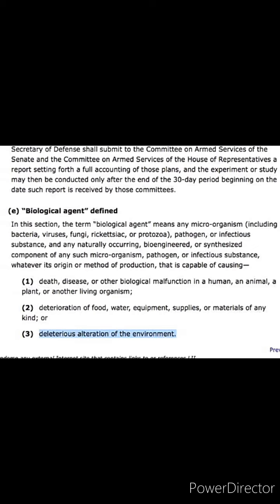They've given their permission to deteriorate our food, water, equipment, supplies, and materials of any kind, and they've given their permission to alter our environment. This is your government. And these are the same people who want to vaccinate you and are passing laws to force vaccinate you and your children.